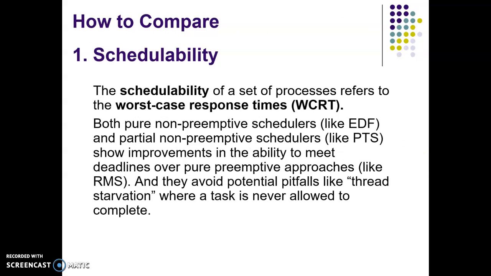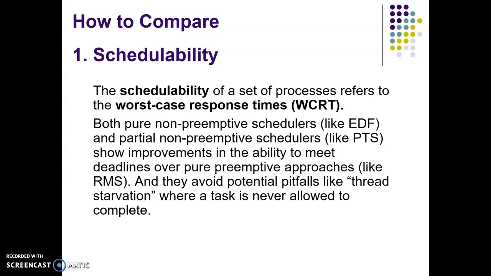Okay, how do we compare these alternative scheduling algorithms? Well, one key way of comparing is schedulability. Schedulability always refers to the worst case response times. Both pure non-preemptive schedulers like EDF and partial non-preemptive schedulers like PTS show improvements in the ability to meet deadlines over approaches like RMS.